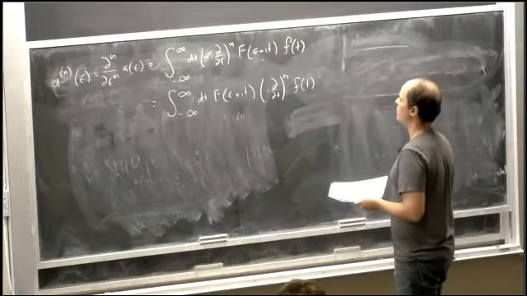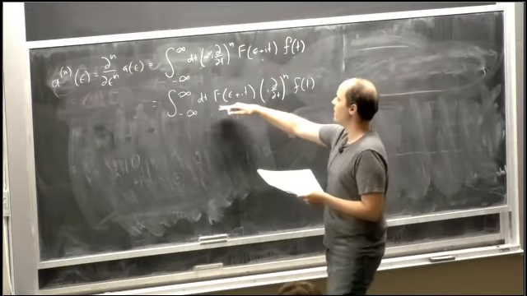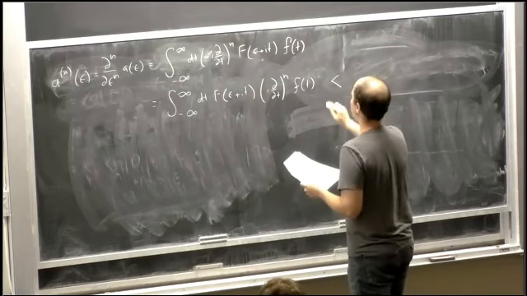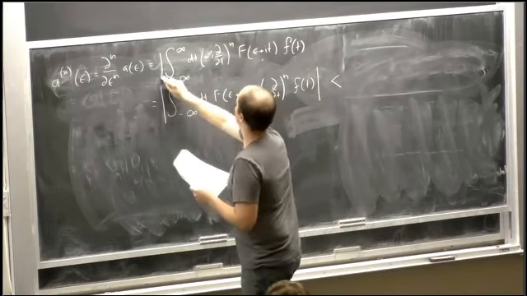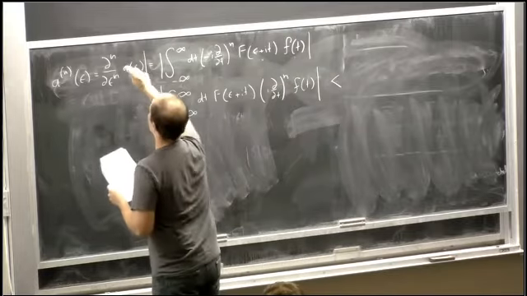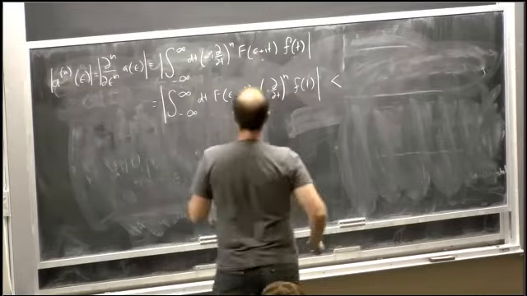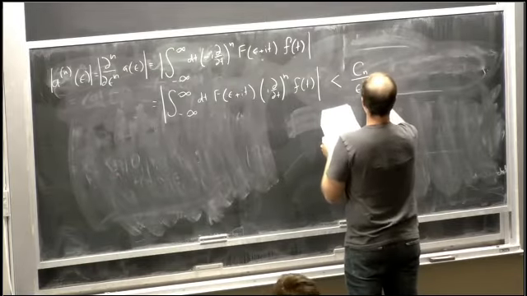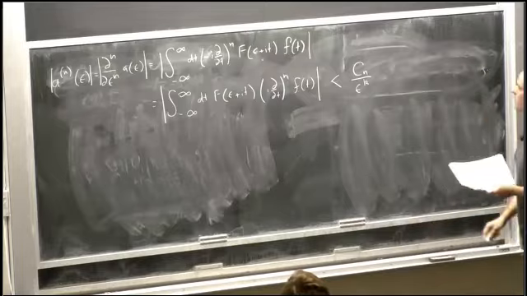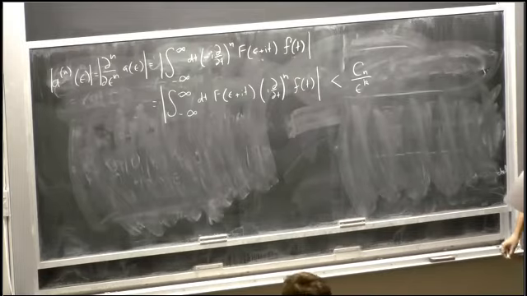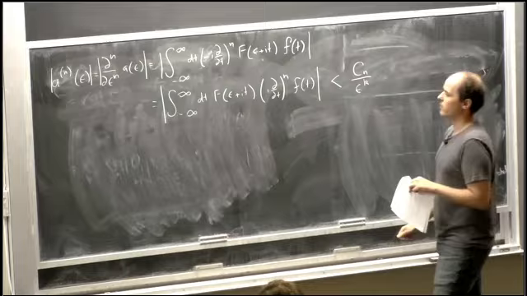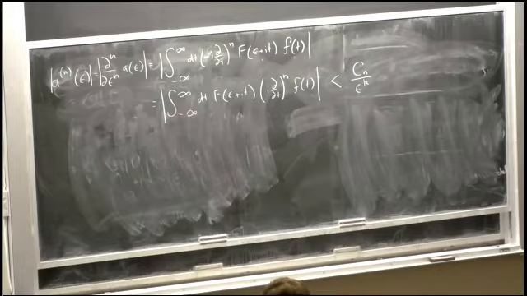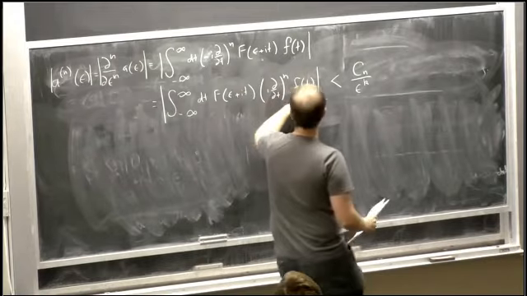And now we can use our bound on the behavior of f as epsilon goes to 0 to say that the absolute value of this quantity is bounded by some constant over epsilon to the k. Where that constant is given by integrating this function p of t against these derivatives of f of t.